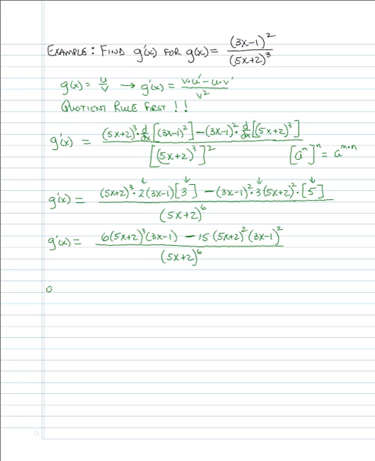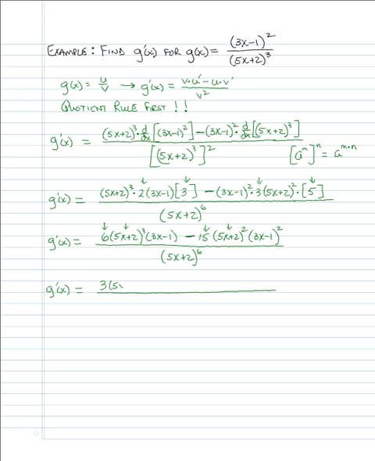Now, I'm concentrating on the numerator because I want to factor that numerator so that maybe I can reduce the fraction. And that looks kind of like what we've been factoring before. So I compare the 6 that I have here and the 15 that I have here and say, do I have a common factor? Of course, 3 goes into both of those. So 3 is a common factor. And then I'm looking at the 5x plus 2 that I have here, and I also have one here.